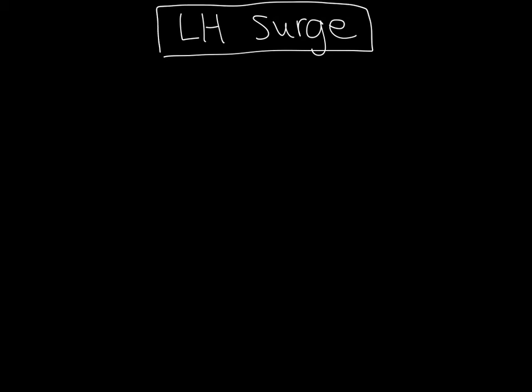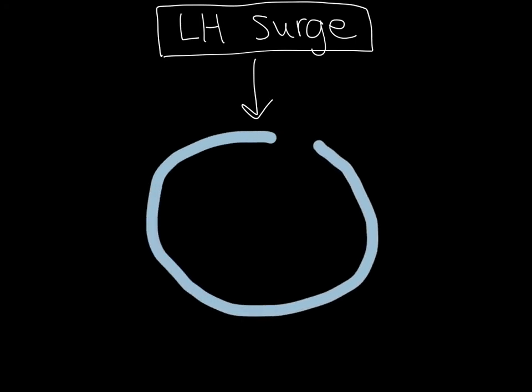And next, we're going to say now that an LH surge has occurred. So the LH surge, luteinizing hormone coming from the anterior lobe of the pituitary, gives us this. I'm going to again represent the zona with a thick blue line.